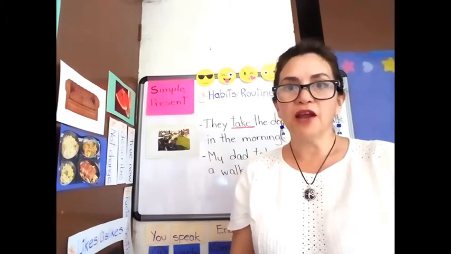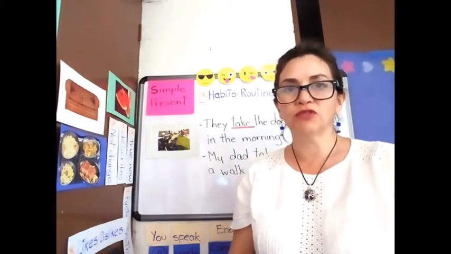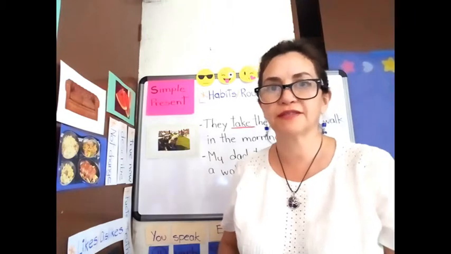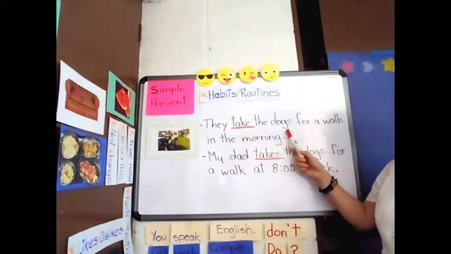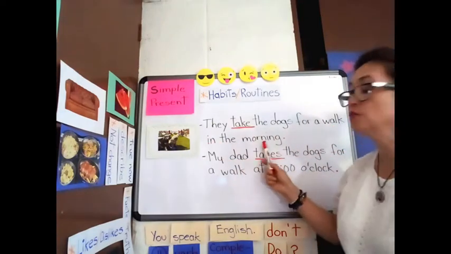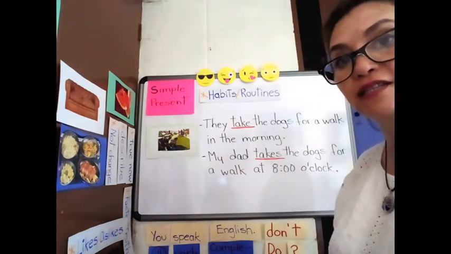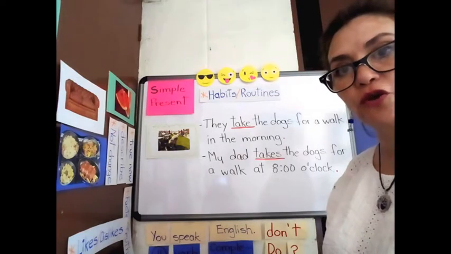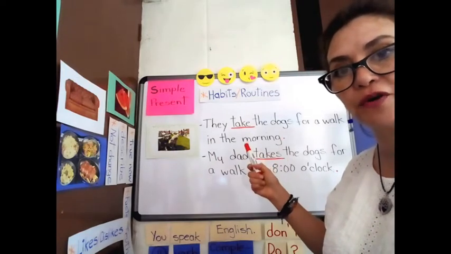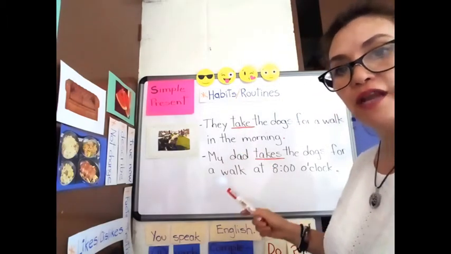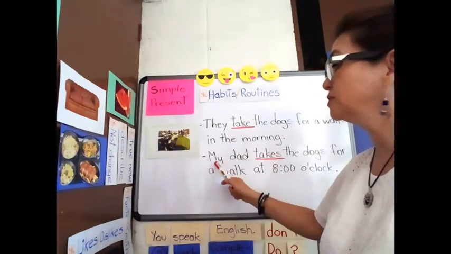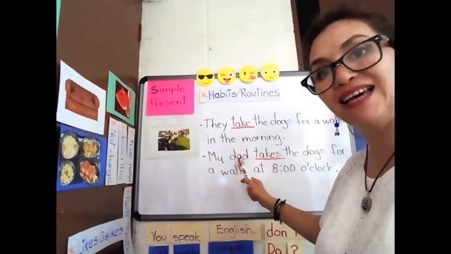Very well. Now let's see one more example about habits or routines. They take the dogs for a walk in the morning. Let's read the sentence. They take the dogs for a walk in the morning. They take. Now, with subject, he, my dad.